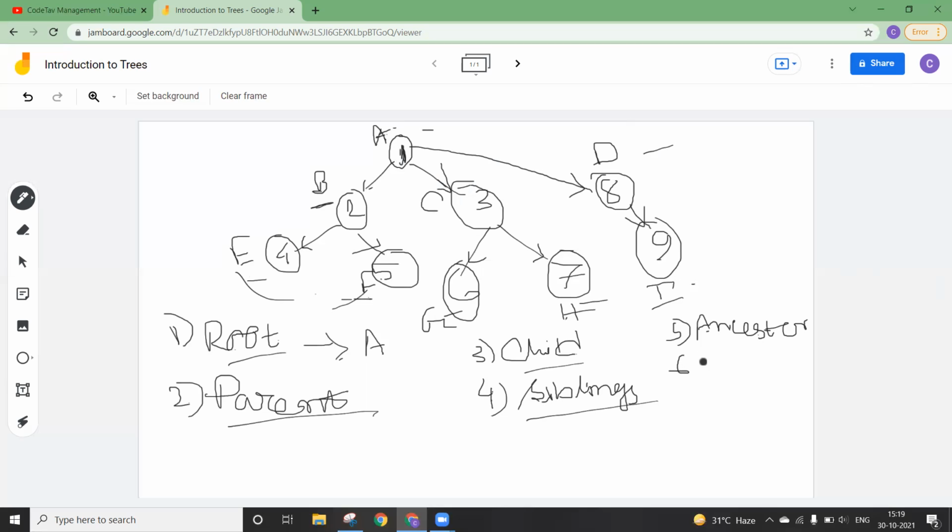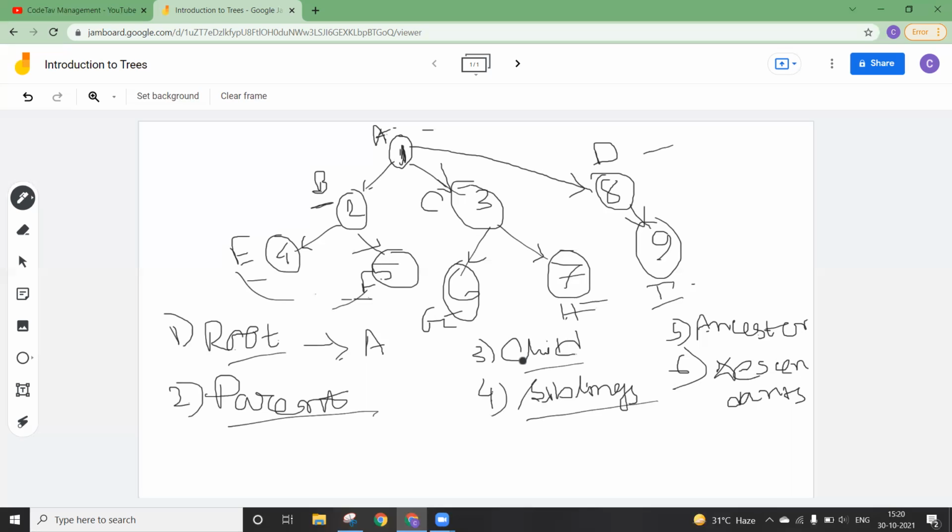The sixth one is descendants. Descendants are like the opposite of ancestors. Nodes accessible by following the edges downwards from a parent node are called the descendants of that node.